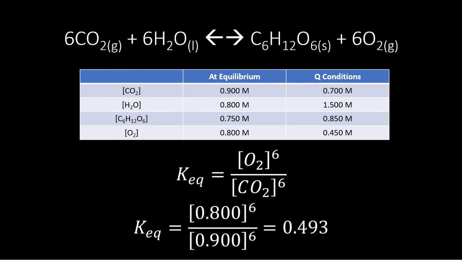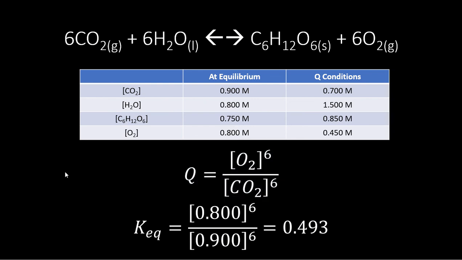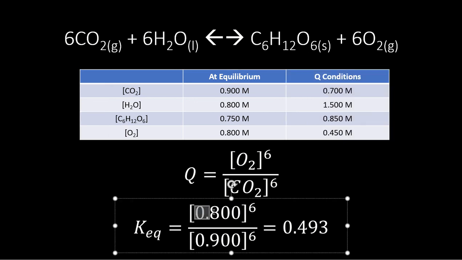Now, let's say you're actually asked to solve for Q under these conditions. Well, that's pretty simple. If we're going to solve for the reaction quotient at conditions that are not at equilibrium, it's the same exact thing, it's just we're going to be using values that are not at equilibrium. So, all right, once again, we only care about the concentration of molecular oxygen at our new set of conditions, so 0.450 molar.